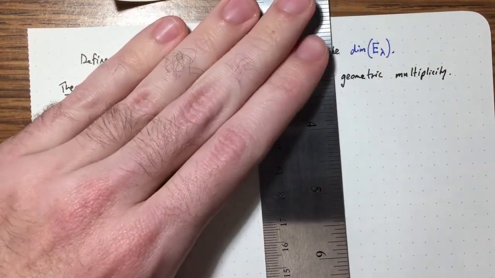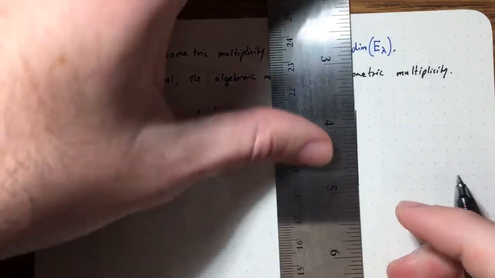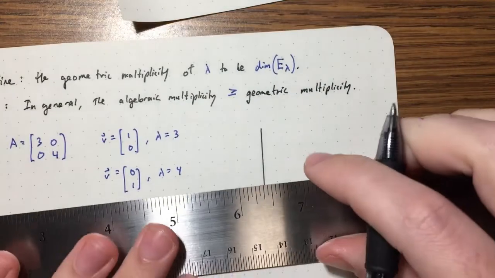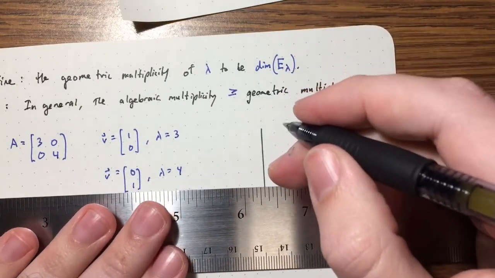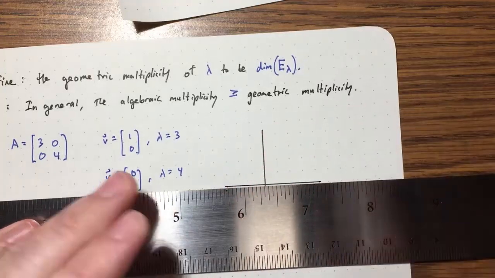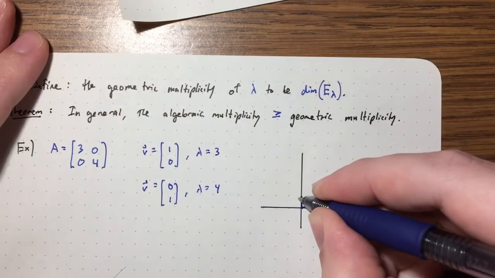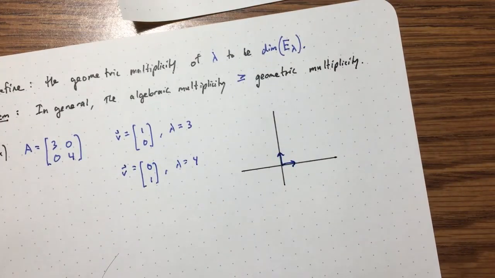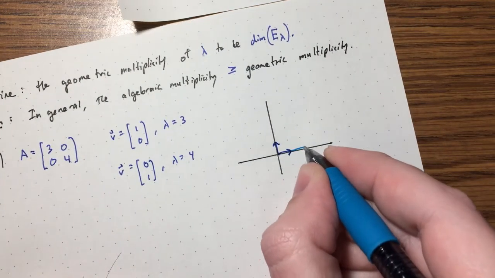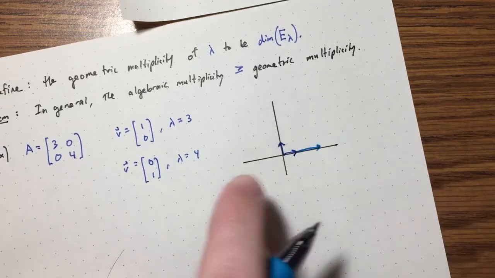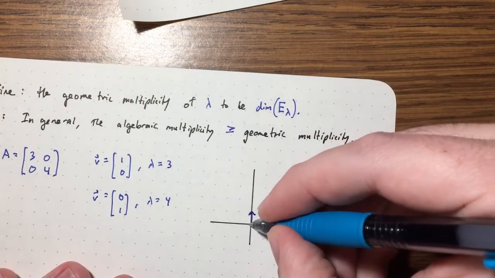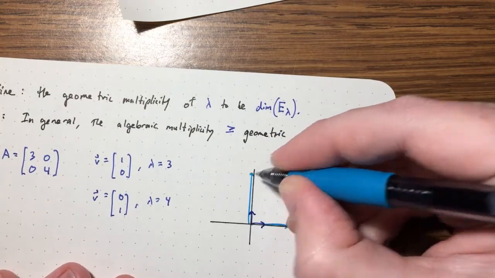But let's look at a picture of this. All this transformation is doing is taking 1, 0 and stretching it out to 3, 0. So I'm stretching by a factor of 3 that way, and by a factor of 4 this way.